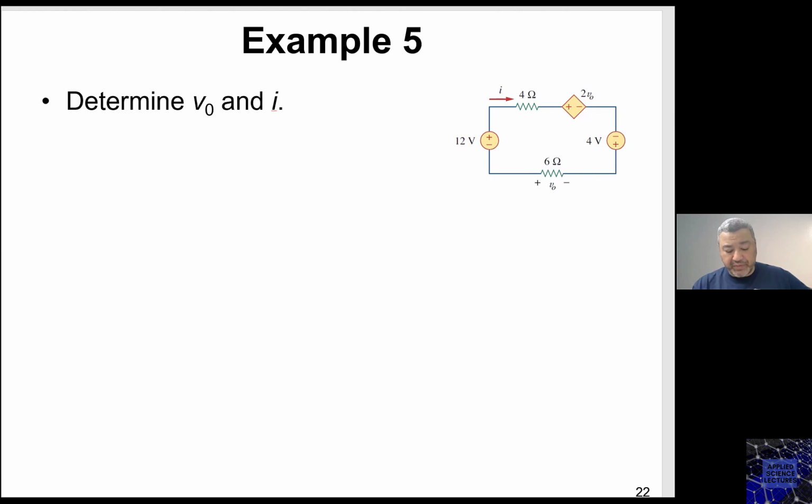So this is something to keep in mind. All those components are in series. Okay, now we need to determine V naught and I. So let's, in this case, take this loop and write the KVL equation for that loop.